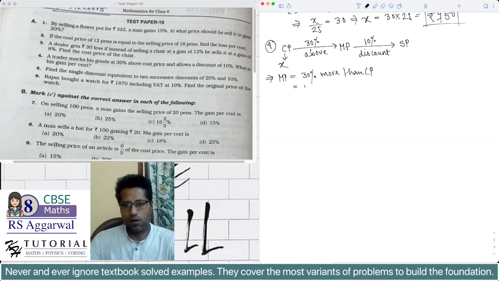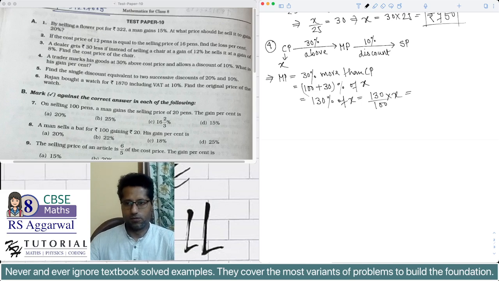This is equal to 100 plus 30% of the cost price we have assumed to be x. This is equal to 130% of x, which is 130 divided by 100 multiplied by x. After simplification, this is 13x by 10. This is the mark price based on the assumption that the cost price is x.